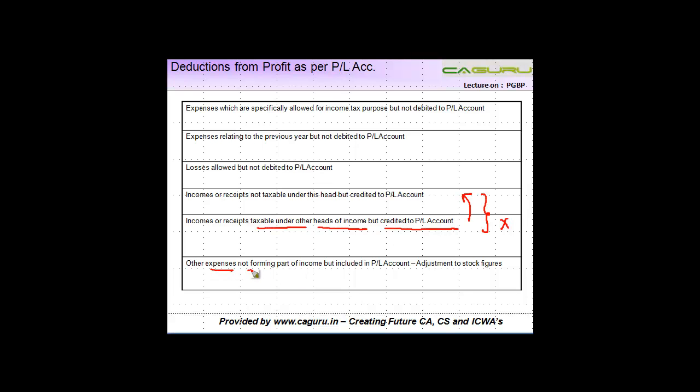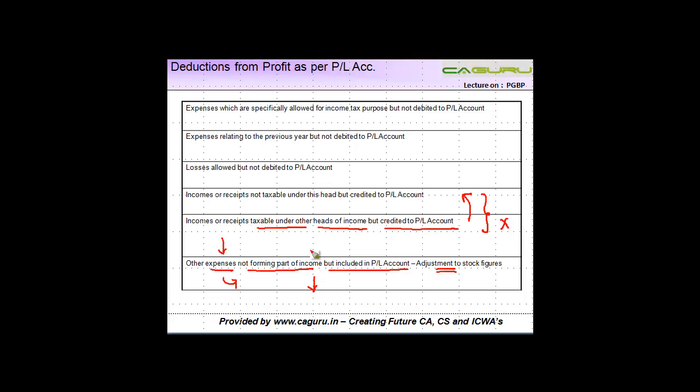Other expenses not forming part of income but included in the P&L account. Let's say, for example, adjustment to stock figures. These adjustments to stock figures can actually be expenses or income, but what we are talking about is an expense. Let's say there is a reduction in the value of the stock. That's an expense.